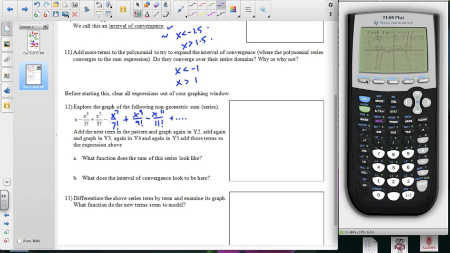And then if we do that one more time, so I'll grab the y3, and then to that I'll subtract x to the 11th divided by 11 factorial.